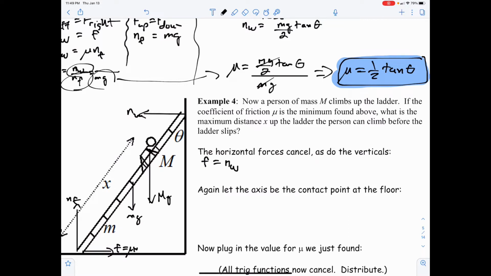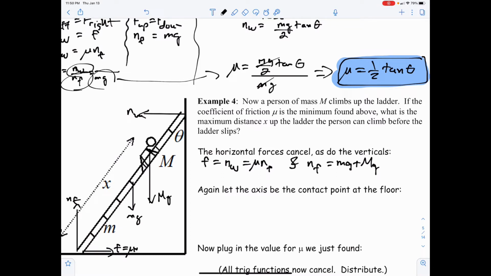And since friction equals mu times normal force, that's mu times the normal force from the floor. Forces up equal forces down: the normal force from the floor going up balances the two weights going down, so that would be little mg plus big mg.